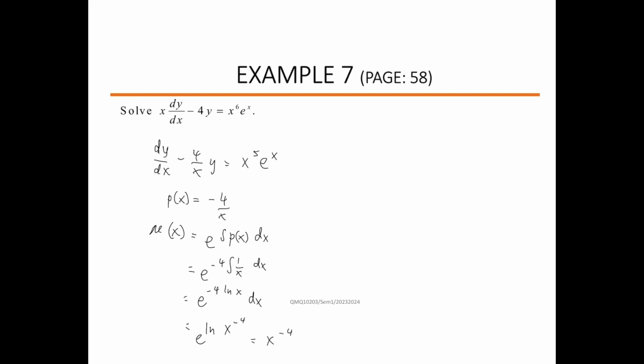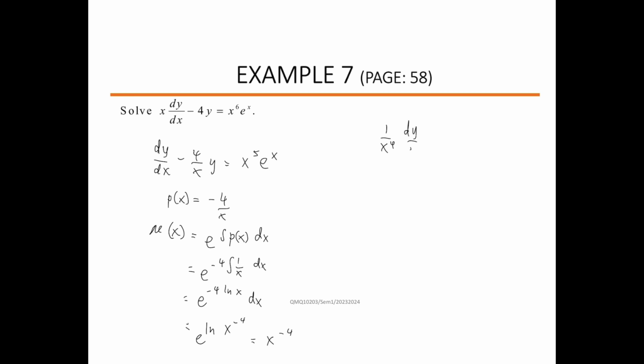Multiply everything with mu(x), x to the negative 4, which I like to write as 1 over x to the power of 4.